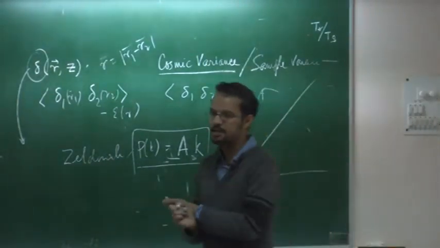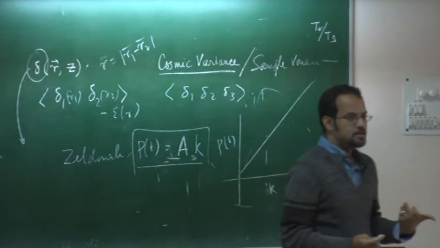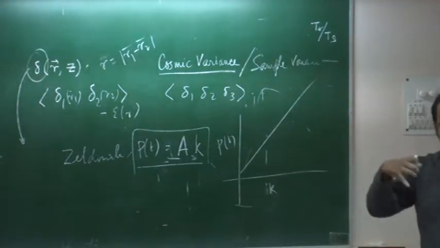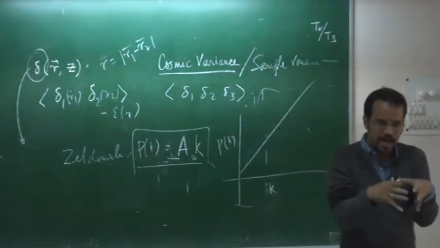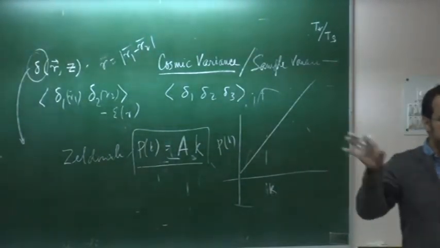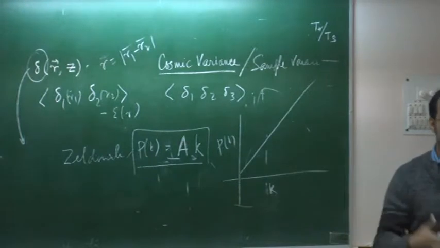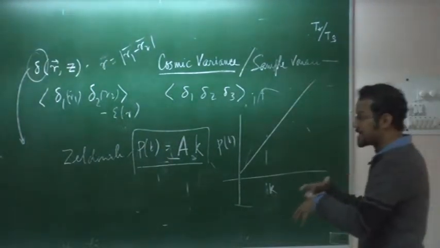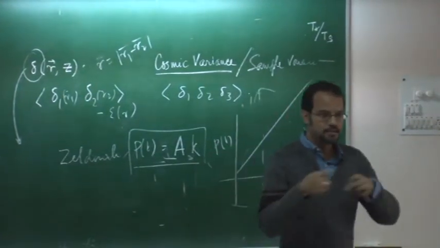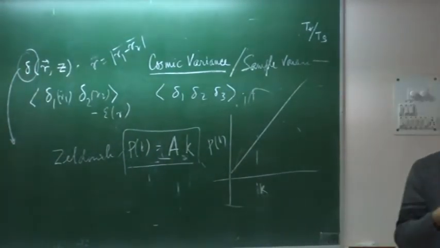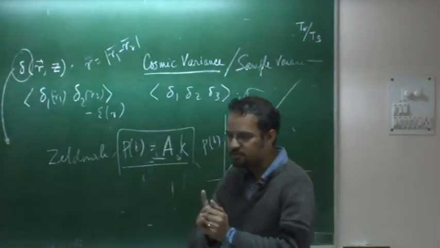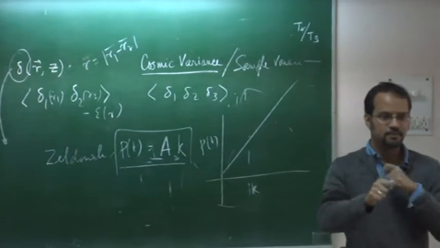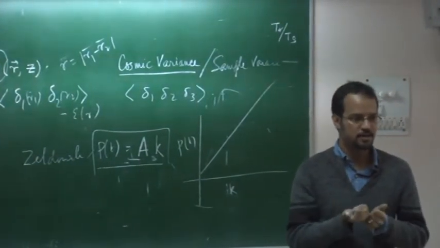First is of course gravity, and gravity will try to make this delta grow and form collapsed structures, whereas the moment there is a collapse, pressure will try to dismantle that collapse, right? So there are two opposing effects, especially in the early universe, and these two are clearly going to be competitive, because gravity is trying to collapse and radiation is trying to throw it apart. So you have to consider the equilibrium between these two processes.